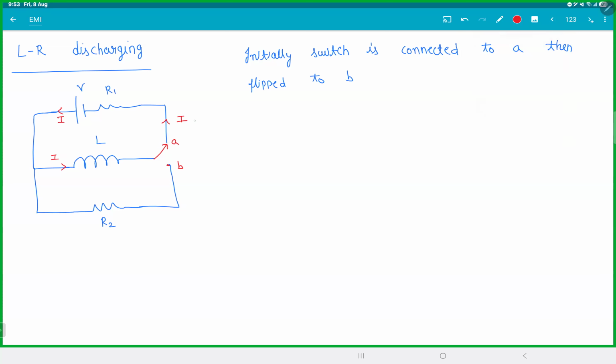So the initial current will be V by R1. Once you flip the switch, let the current be I.